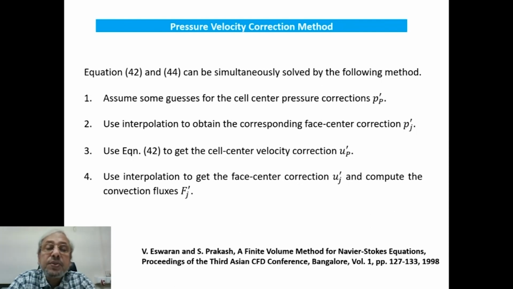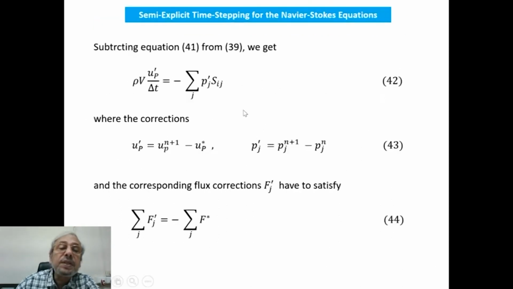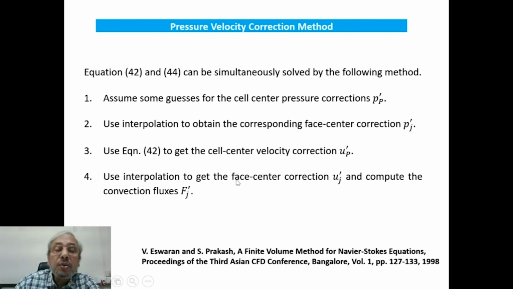Step two: use interpolations to obtain the corresponding face center pressure correction Pj prime. Step three: use equation 42 to get cell center velocity corrections. Step four: use interpolation to get the face center velocity and flux correction, and compute the convection flux correction Fj prime.